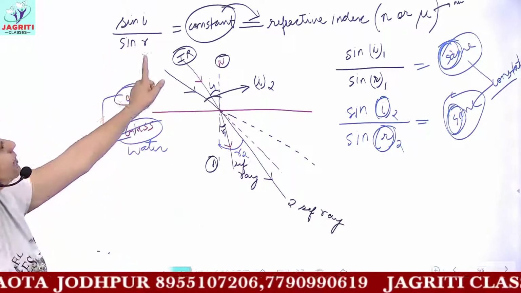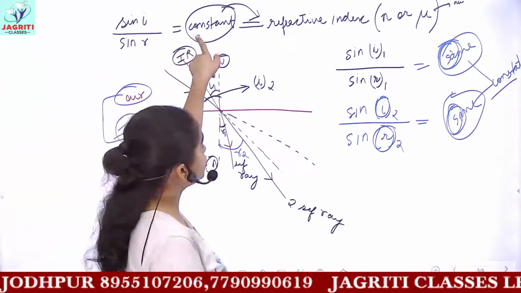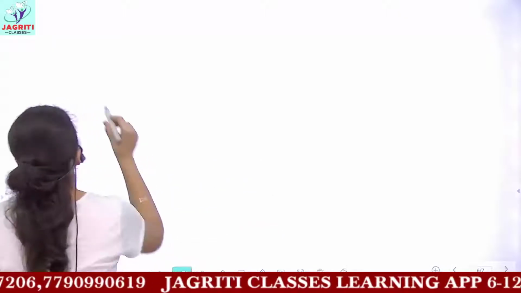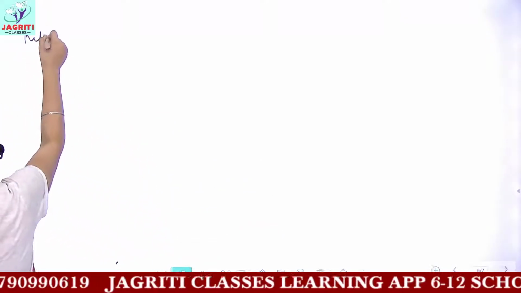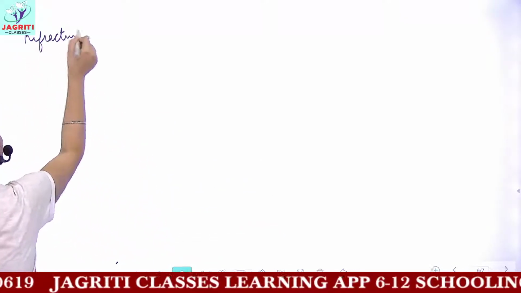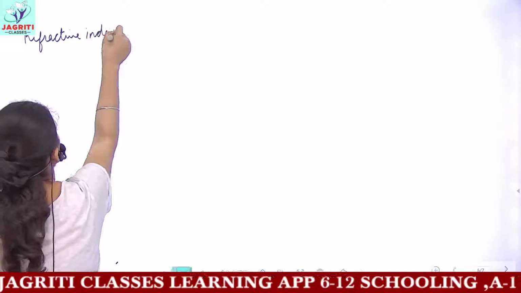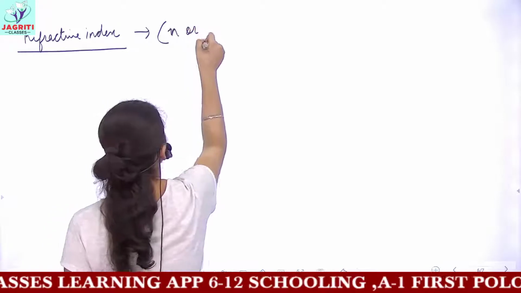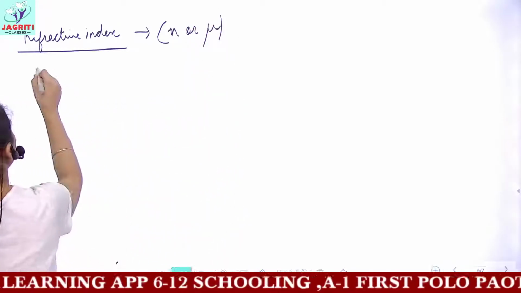Now this constant value is actually given a name, refractive index. So now we'll be seeing what we mean by the term refractive index. I told you this is denoted by the letter small n, or you can even use the letter mu.